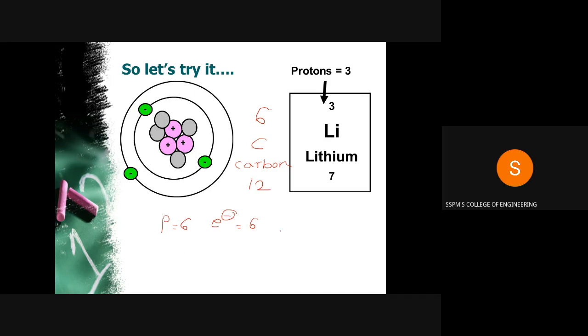Then the number of neutrons, n, is the atomic mass number minus the atomic number. For carbon, 12 minus 6, hence neutrons are 6.